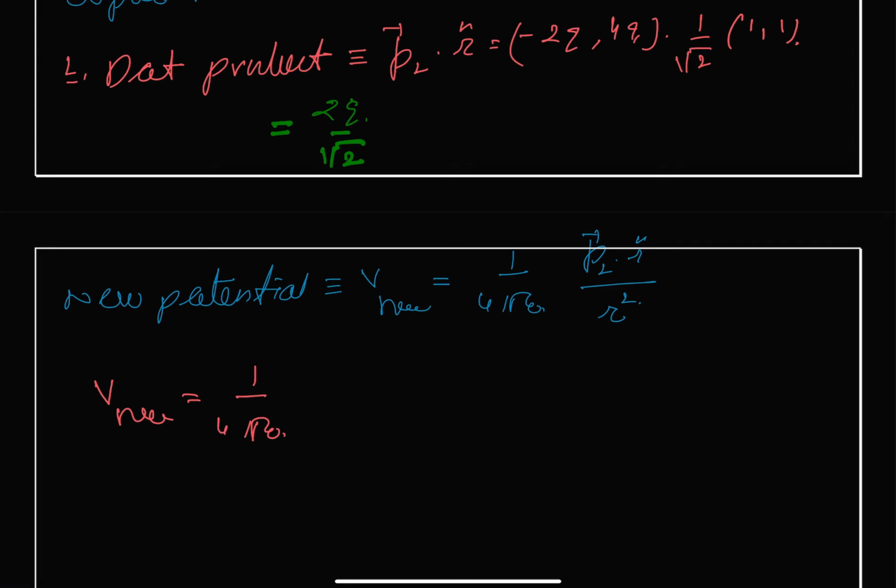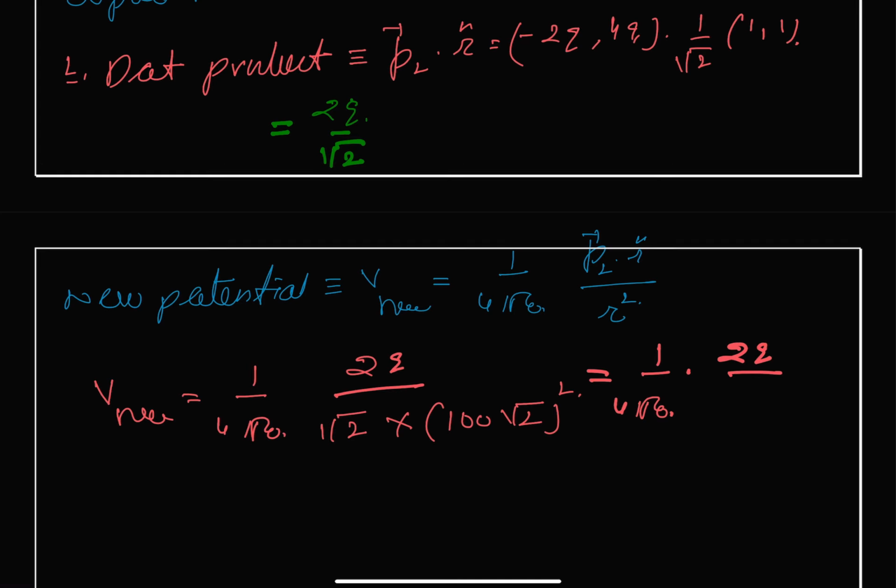P dot R is our 2q over square root of 2. R is our 100 square root of 2 whole square, which gives us 1 upon 4 pi epsilon naught, and we have this as 2q. This comes as 2 root 2 into 10 to the power 4.